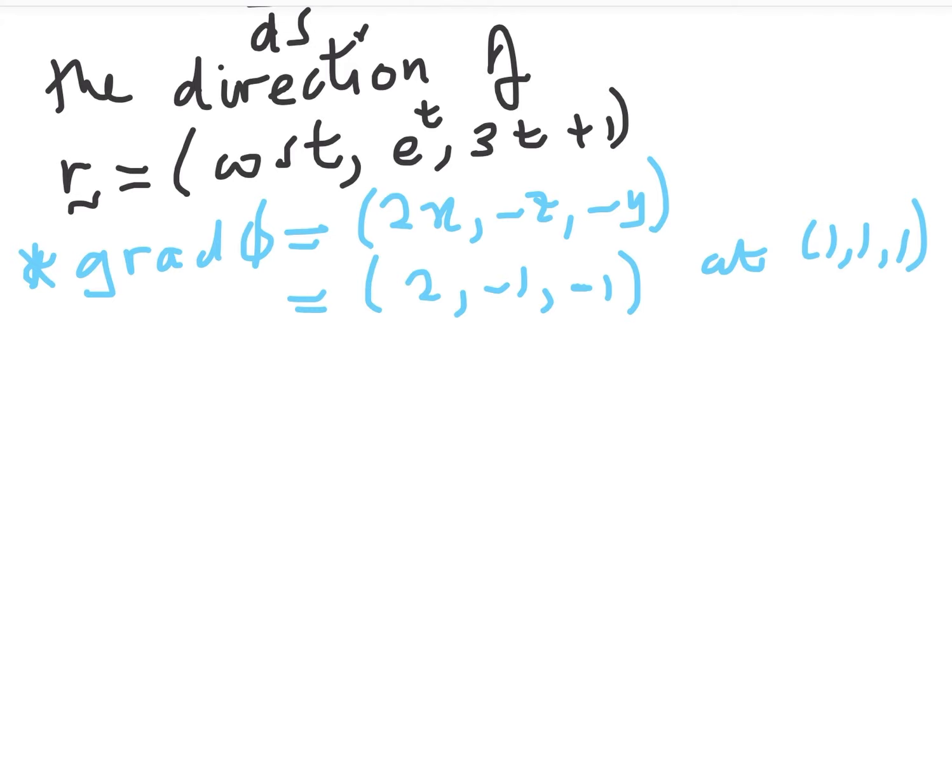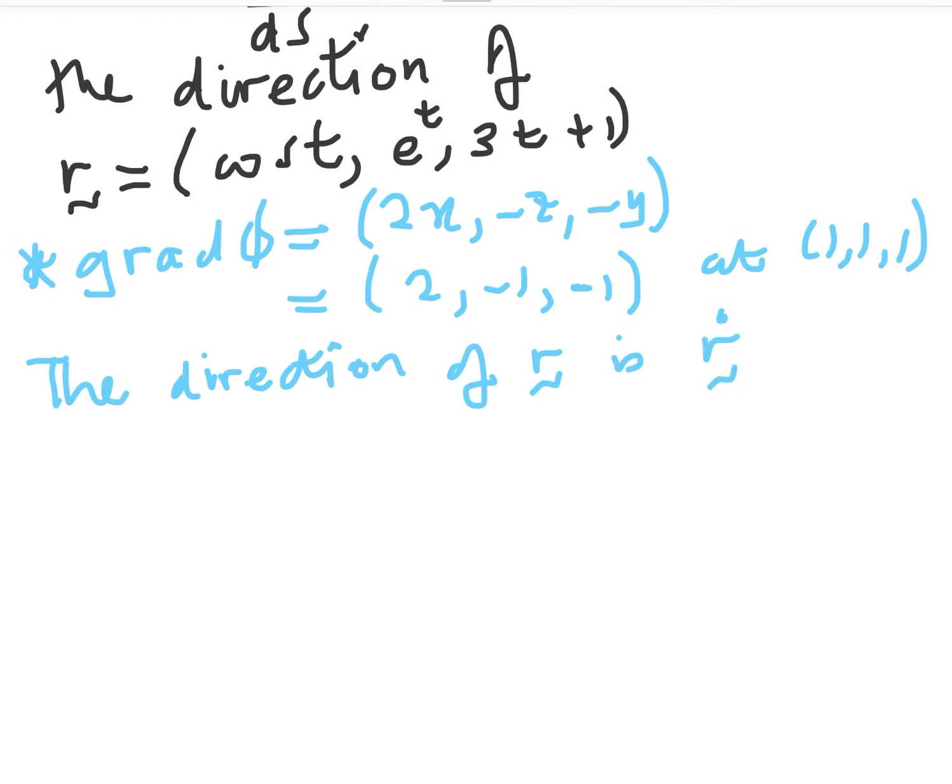So the direction of this path vector r is actually given by the tangent to the path. So let me spell that out.